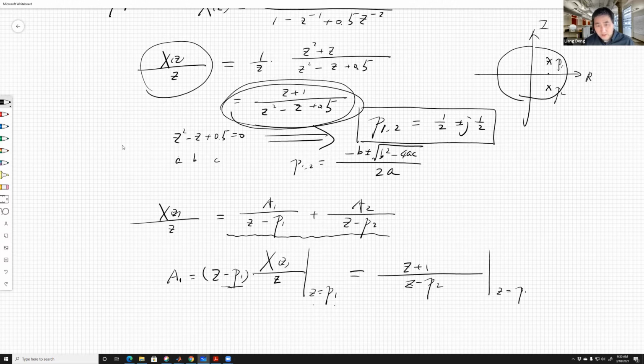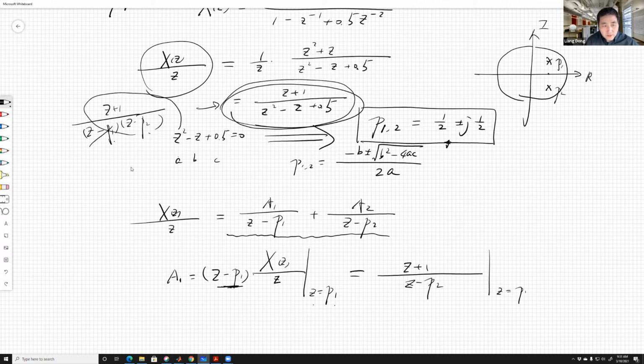Okay, let me say that again. So I'm using this part. This part is z plus 1 over z minus p1 times z minus p2. And p1, p2 now are numbers, as in this box. We already calculated them. When you multiply by z minus p1, this will cancel out.